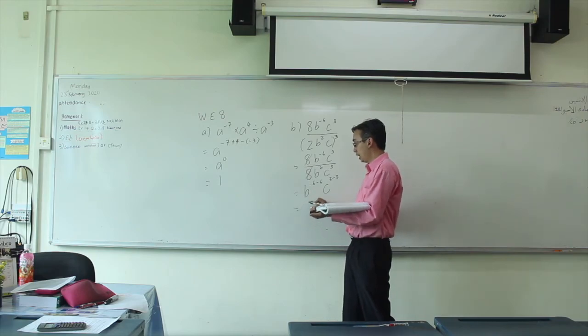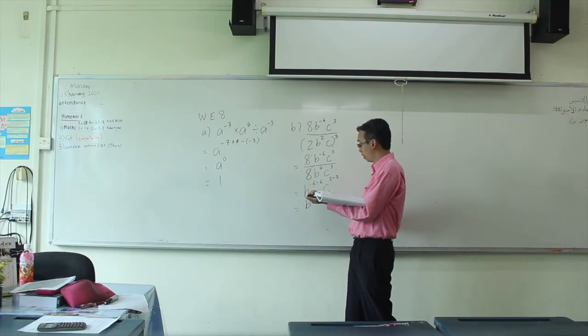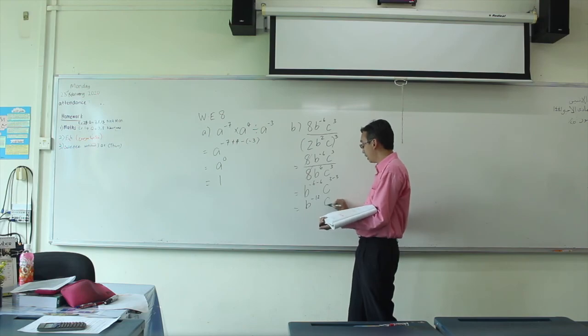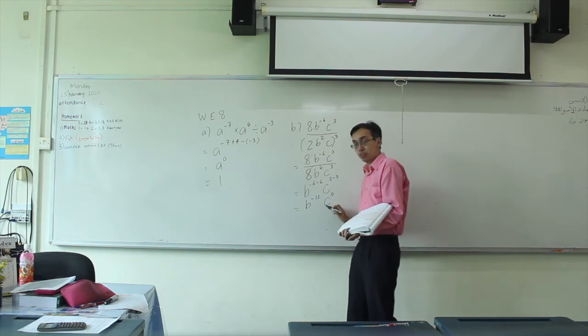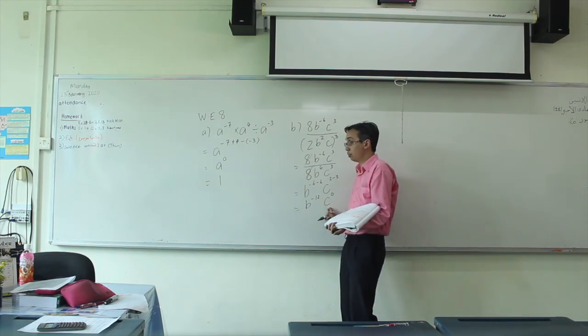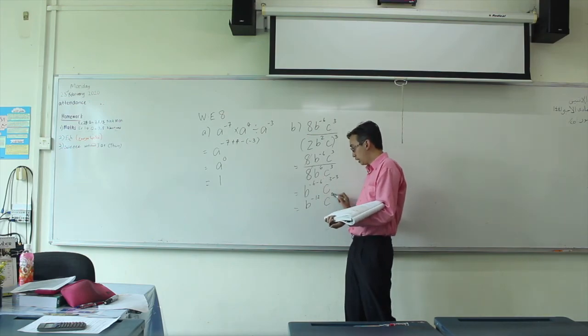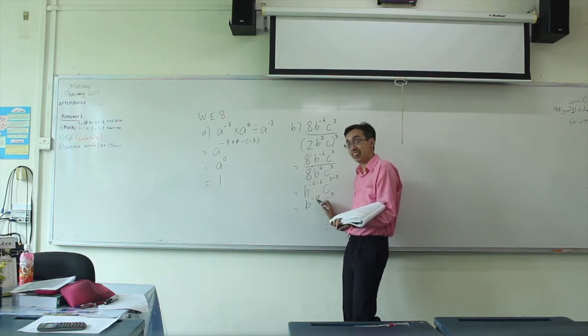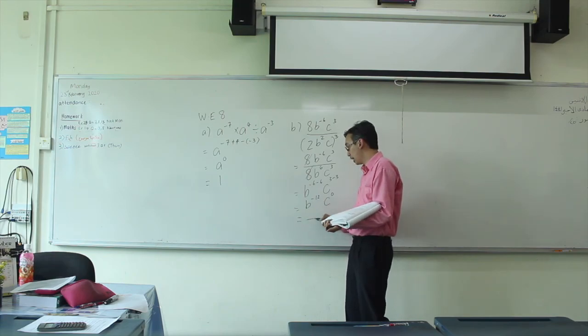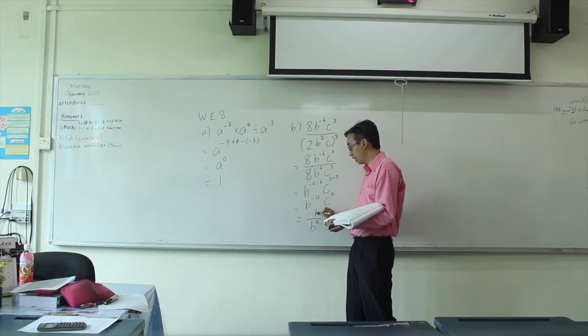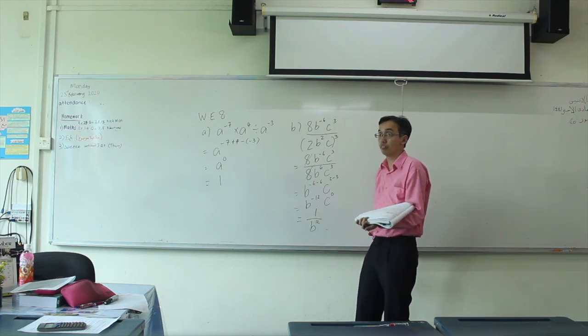So we get b to the power of negative 12, and then c to the power of 0. But c to the power of 0, there's something we learned: anything to the power of 0 is 1. So this is 1, but this one is a negative index. So for a negative index, we can bring it below and it becomes b to the power of 12, and the c is actually 1. So it's 1 over b to the power of 12.